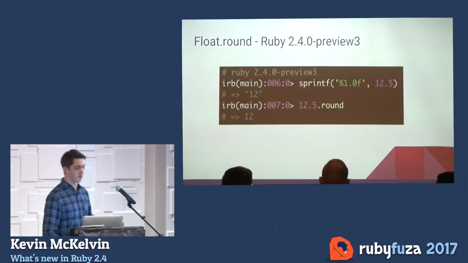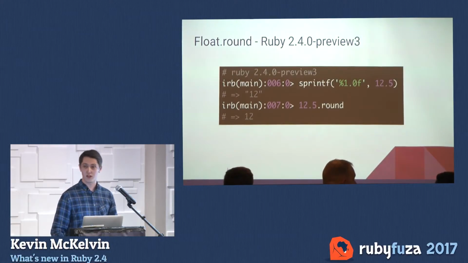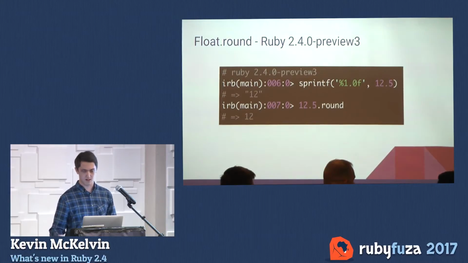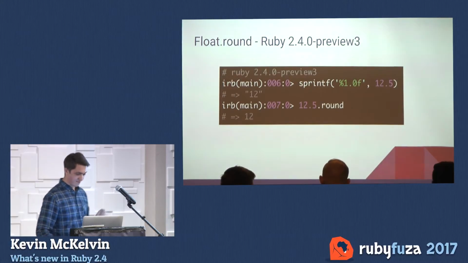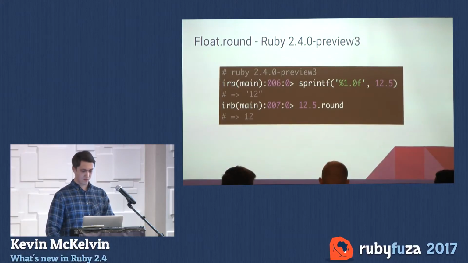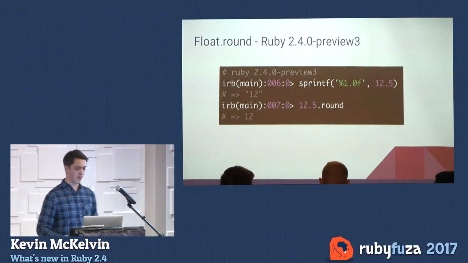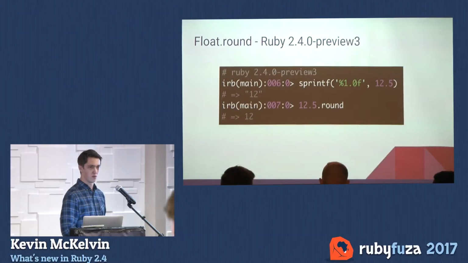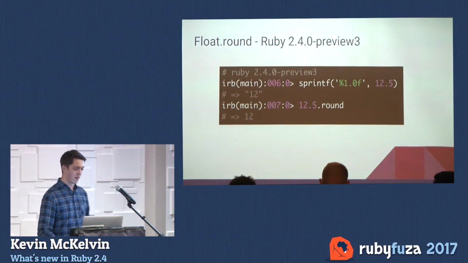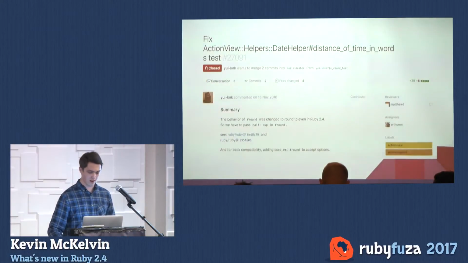But in Ruby 2.4.0 Preview 3, this was actually the default way it was going to work. It didn't make it into the final release, thankfully. If you had 12.5 and you rounded that, it would round towards the even number of 12 rather than up to 13, as you would have expected in Ruby 2.3.